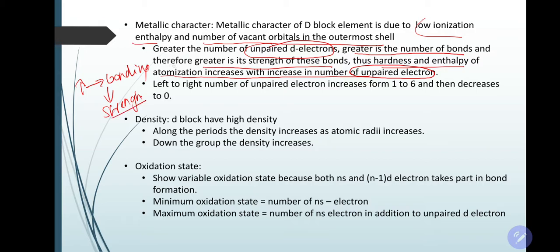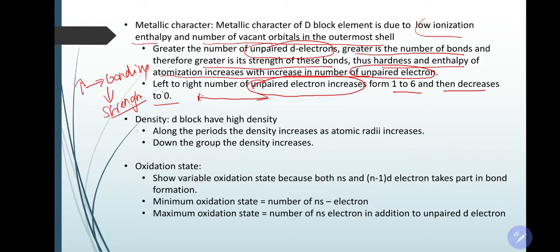So the melting point is higher. Understood? As you go from left to right along the series, the number of unpaired electrons increases from 1 to 6, and then it decreases to 0.